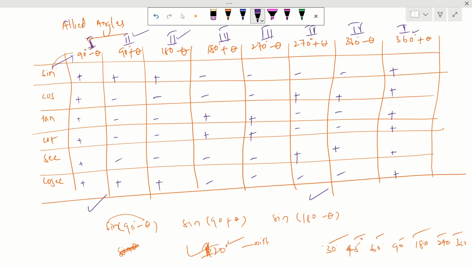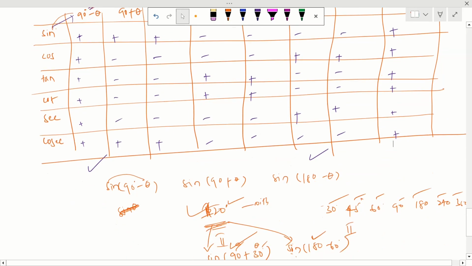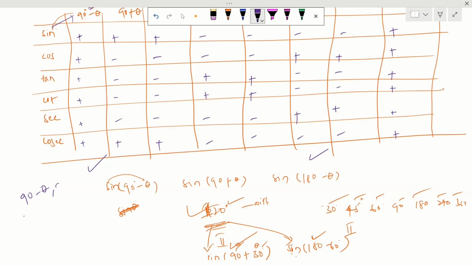Understood? This is how we write the sign conventions. Now in this table we have to write the values for 90 minus theta, 90 plus theta, 270 minus theta and 270 plus theta.